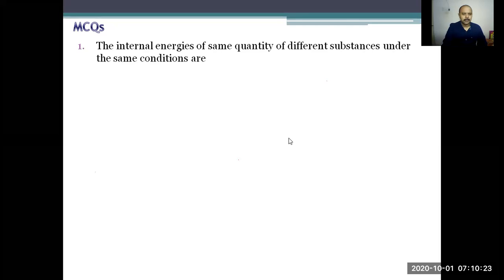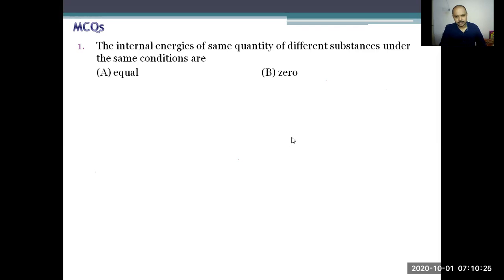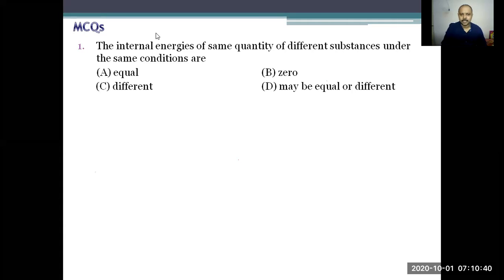Right. The internal energies of the same quantity of different substances under the same conditions are: equal, 0, different, maybe equal or different. What is correct and why?